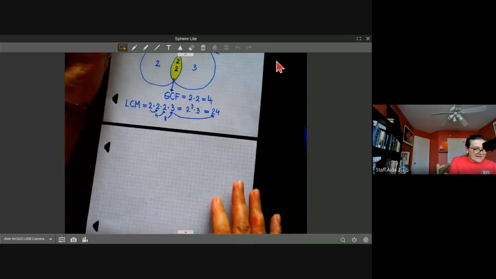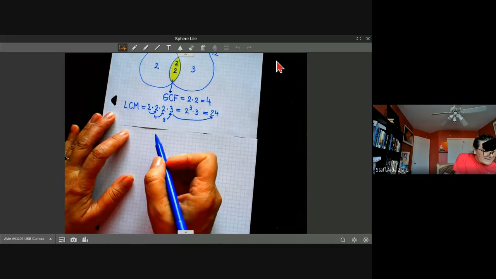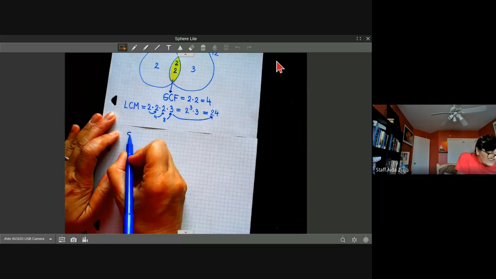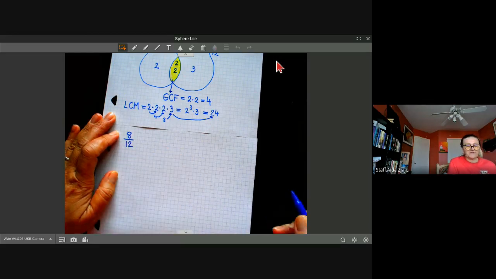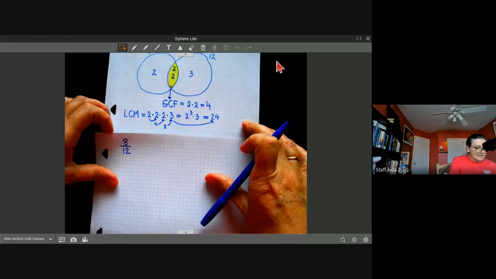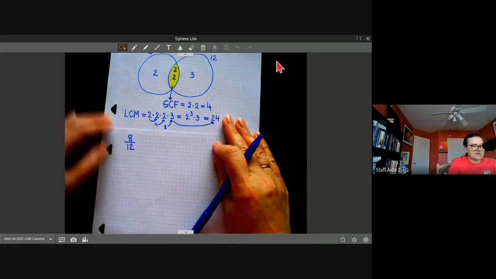If we have, for example, I needed to simplify 8 twelfths. So if they say find the simple form of 8 twelfths, then I know, what do I need to divide the numerator and denominator by?